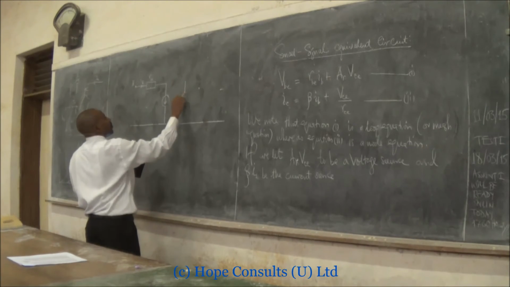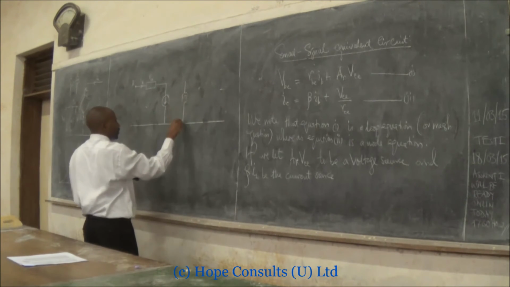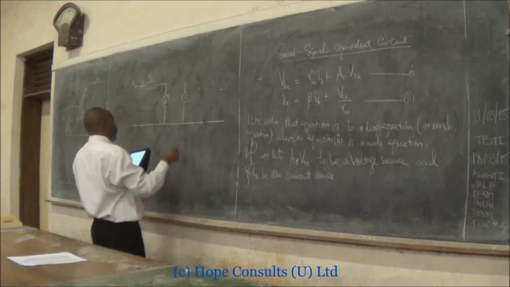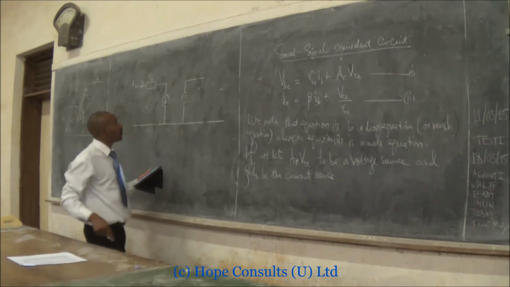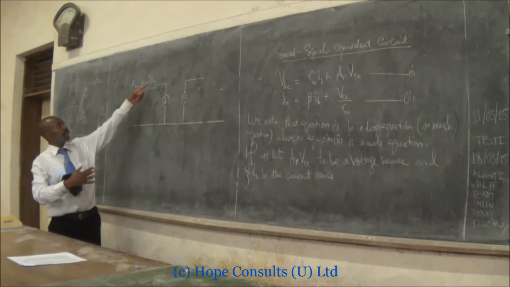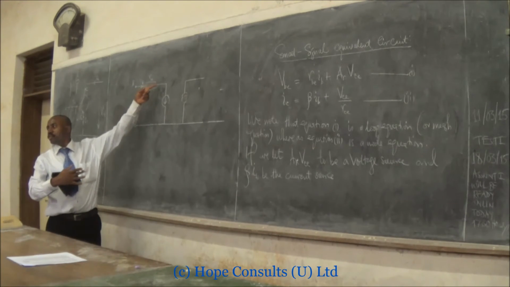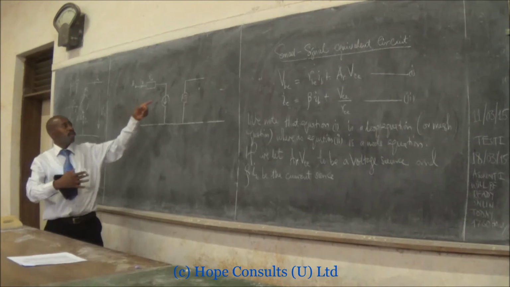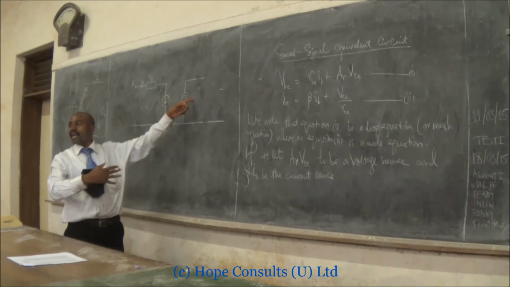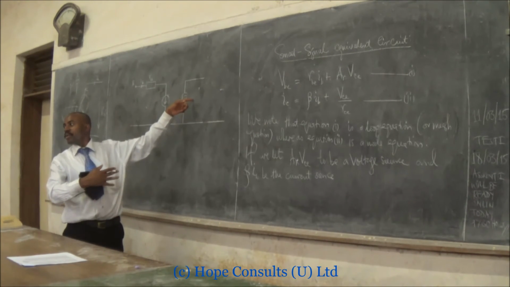So I'll have a current source here. With the voltage source, the equivalent Thevenin's resistance is in series with the source. With the Norton's equivalent, the Rn is in parallel with the source.